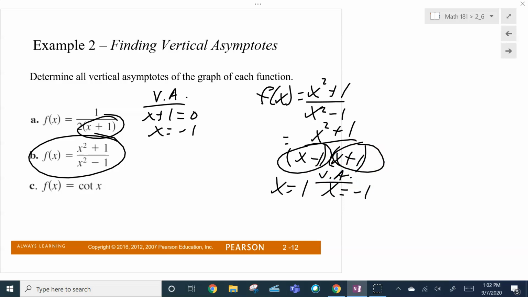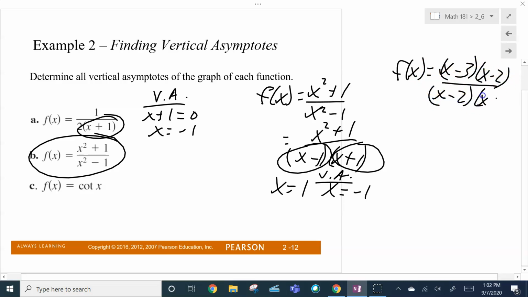And one more review from pre-calc. Let's say you had a function. Okay, if you have factors that cancel, if you will, that's when you have a hole. So you have a hole there, not a vertical asymptote.